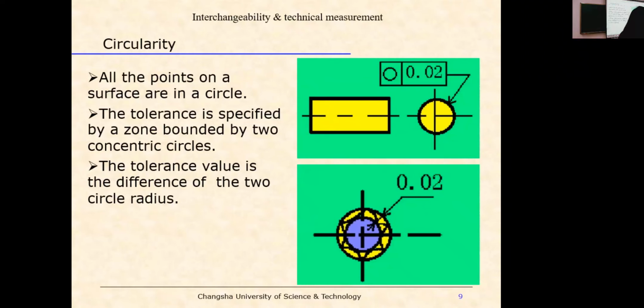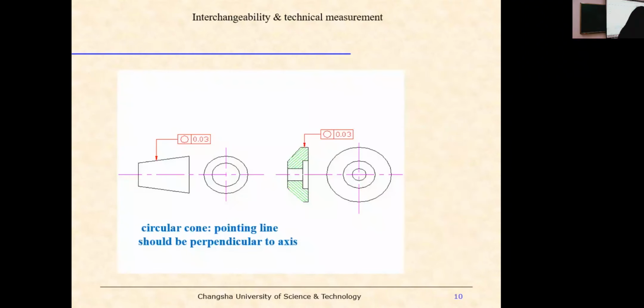And so this is the cone, right? The circular cone. Because we need to describe the circle, the arrow leads perpendicular to this axis, right? So this is the circle. It leads perpendicular to this circle's axis. So this is the line because it's the circle. We need to describe the circle, right?